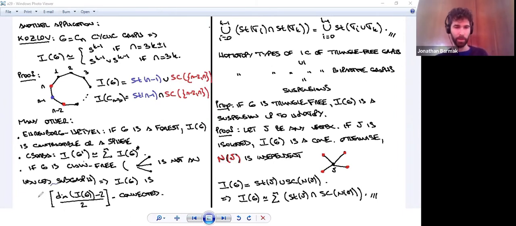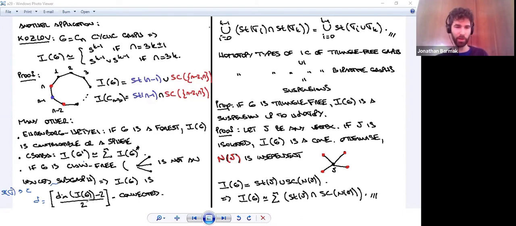Well, in order to prove that this complex is d-connected, the idea will be to take a simplex sigma of maximum dimension, so this number here. And then what I claim is that if we have a simplex tau, okay, which is small in the sense that its dimension is smaller than or equal to this number here, then I claim that tau will be contained in the star cluster of sigma. Okay, why is that?